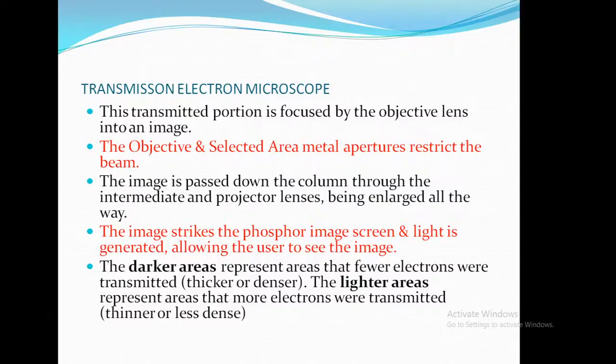The image strikes the phosphor image screen and light is generated, allowing the user to see the image. The darker areas represent areas where fewer electrons were transmitted, thicker or denser, and the lighter areas represent areas where more electrons were transmitted, thinner or less dense.